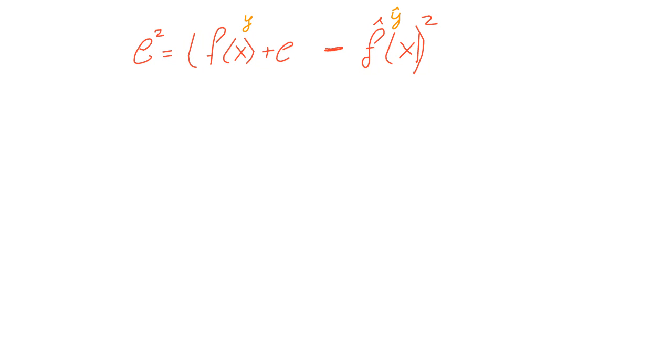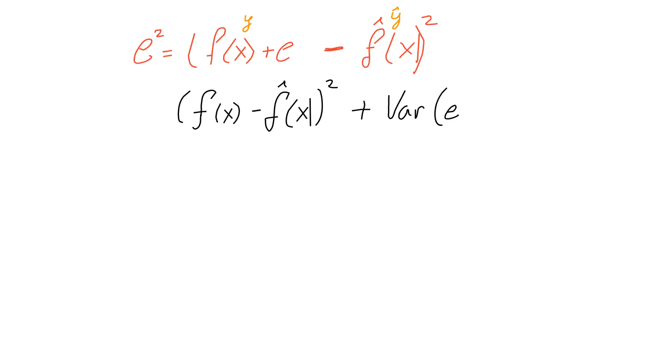And the book talks about how if we rearrange these terms, we can get the difference between f of x and our guess at the functional form. So we can rearrange it into one component that's about the difference between those two squared, and then another component that's the variance of our error.